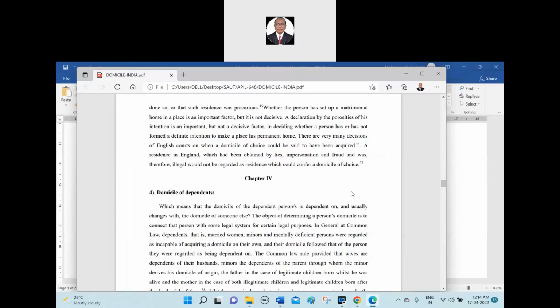Why are you taking so much time to reply? Automatically the husband's, so long as the relationship between the wife and the husband exists. Suppose they cease to be wife and husband, then automatically the wife will get the domicile of her own choice.